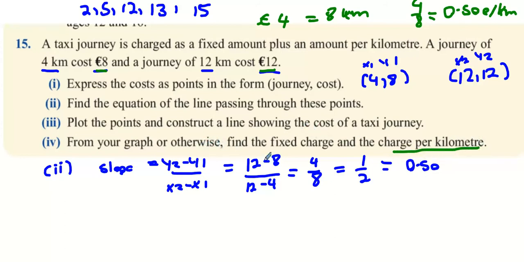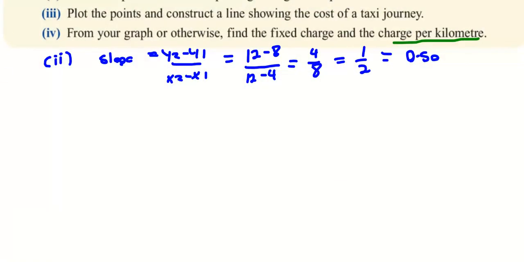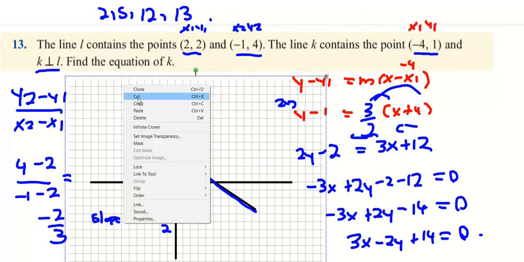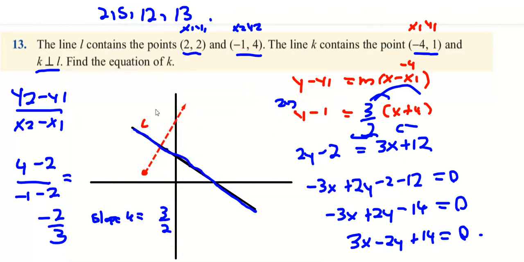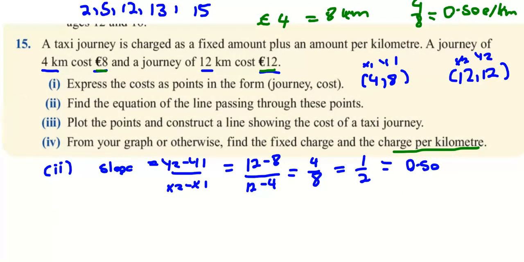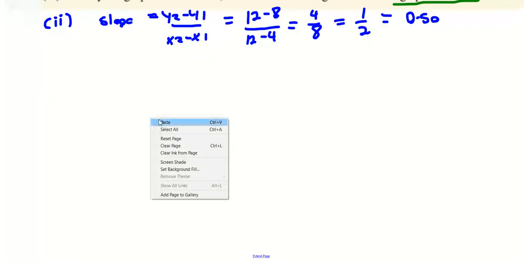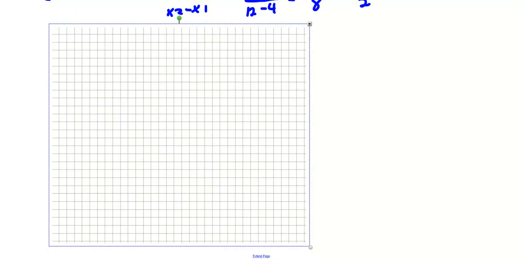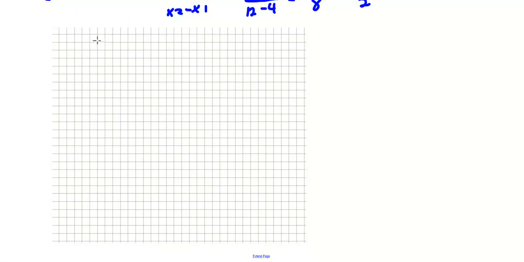Now it's going to want me to plot the points and construct a line showing the cost of the taxi journey. So I'm going to get my graph paper from the last page. Since I'm asked to plot it this time, I need to write a bit more about my axes, because it needs to be proper this time.